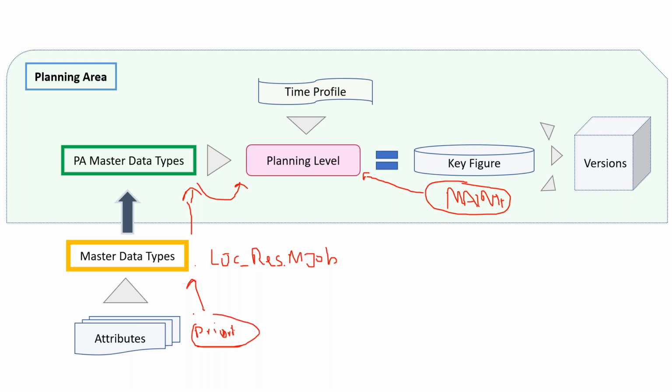If you don't map this priority to the planning level, then this priority would be available only in this planning area. But that's not our requirement. Our requirement is to report this key figure at the priority of the maintenance jobs. So it has to be a part of the planning level that key figure has, right?